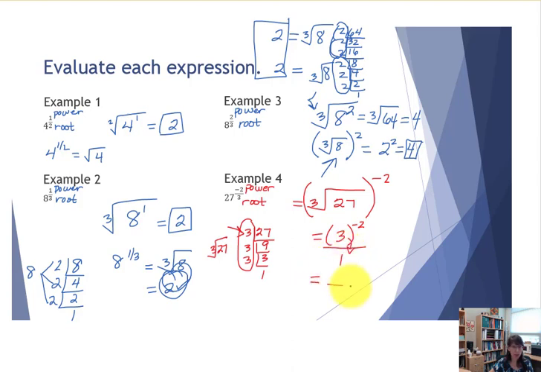So now our fraction will have 3 raised to the positive 2 in the denominator, and we'll have 1 over 3 squared, and that equals 1/9. That's our final answer. So take the cube root before you try raising to the power. And our final answer then is positive 1/9.